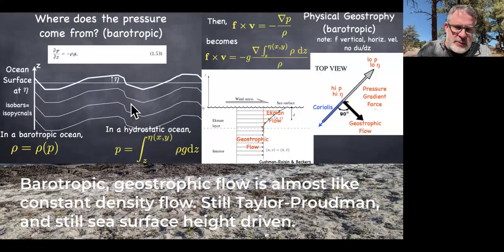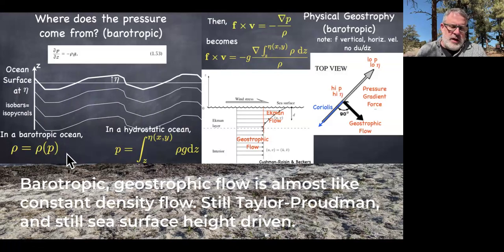So these isobars that we drew before are also the isopycnals. So the density is getting higher as we go down, the pressure is getting higher as we go down, but they're getting higher in the same way so that there's a mapping. The density is just a function of the pressure.